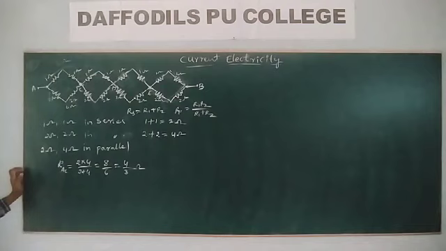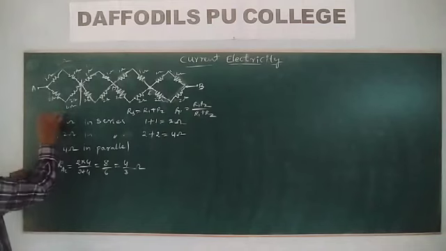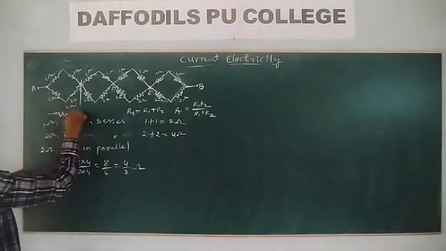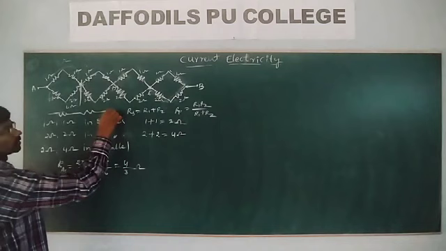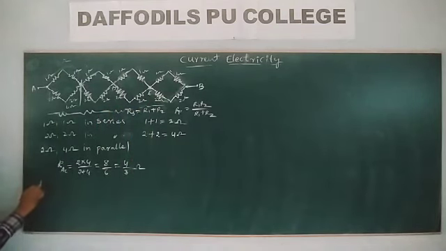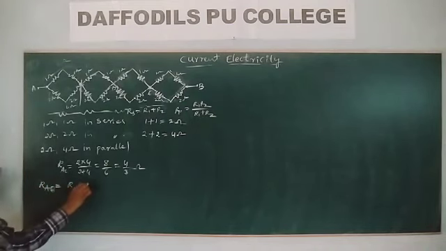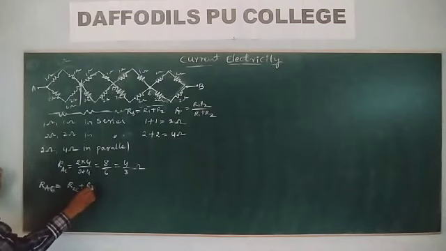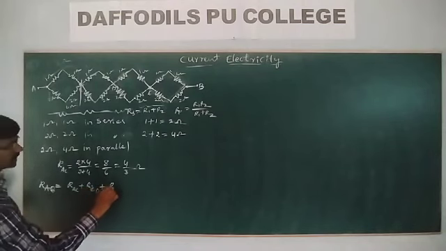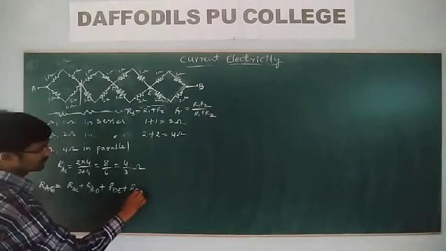Now for one loop, the resistance is 4 by 3 ohm, and for this also 4 by 3 ohm, for this also 4 by 3, and for this also 4 by 3. Therefore, all are in series. RAB, the resistance between A and B, is resistance AC plus CD plus DE plus EB.